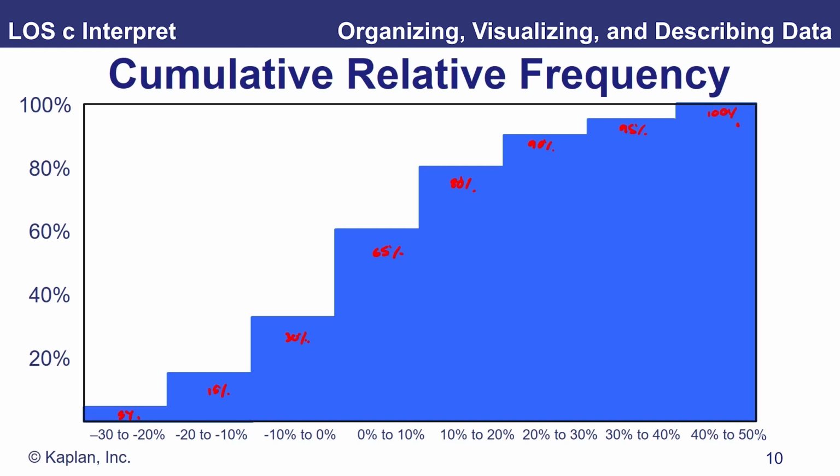Again, just giving us a nice graphical representation of the steps up. So you can see the incremental increases here. When I was looking at observations that were less than 0%, I got 30%. If I change that to observations less than 10%, it jumps to 65%, which of course is a 35% increase. So nice visual data there.